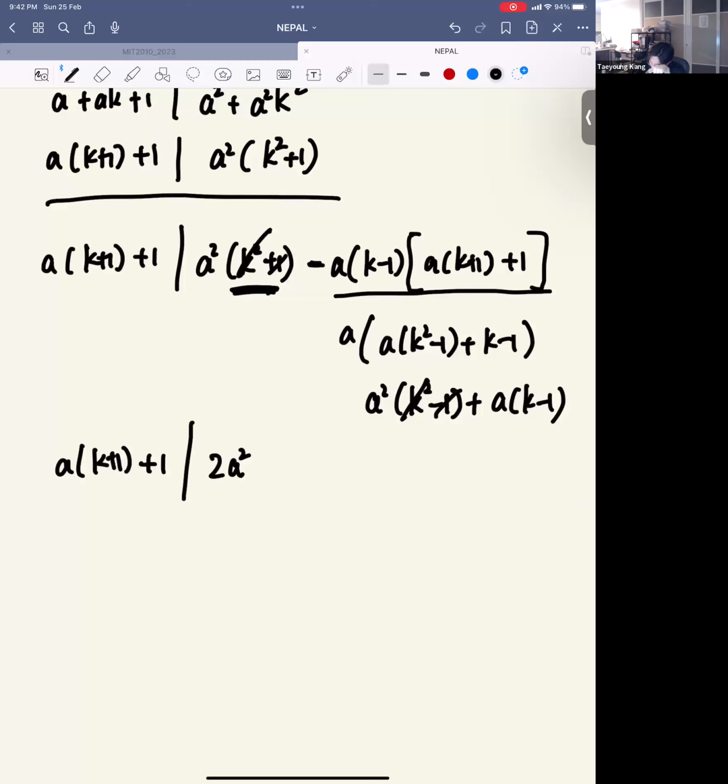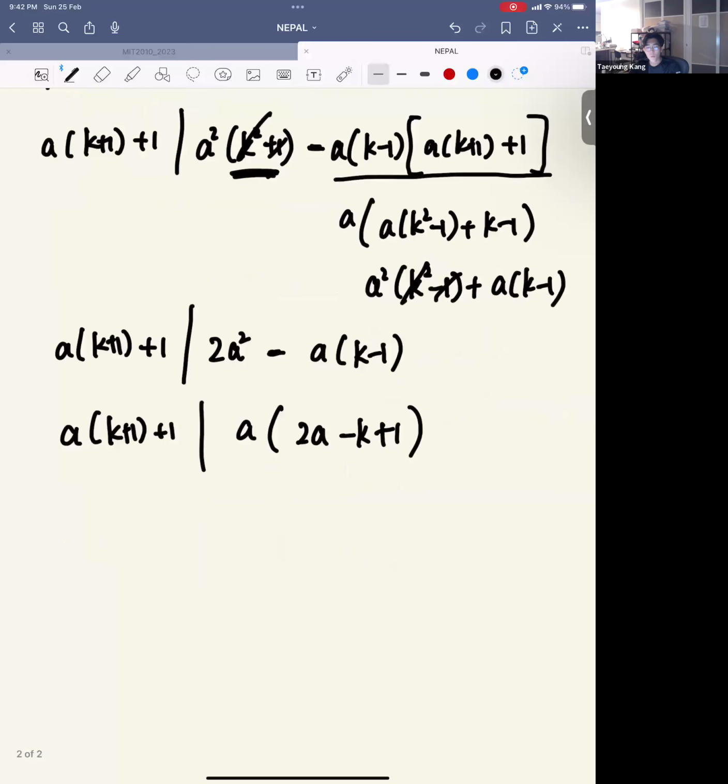Then we have minus A times (K minus 1). Correct? But then we realize that we can completely factorize out A from the right-hand side. We get A times (K plus 1) divides A times (2A minus K plus 1).